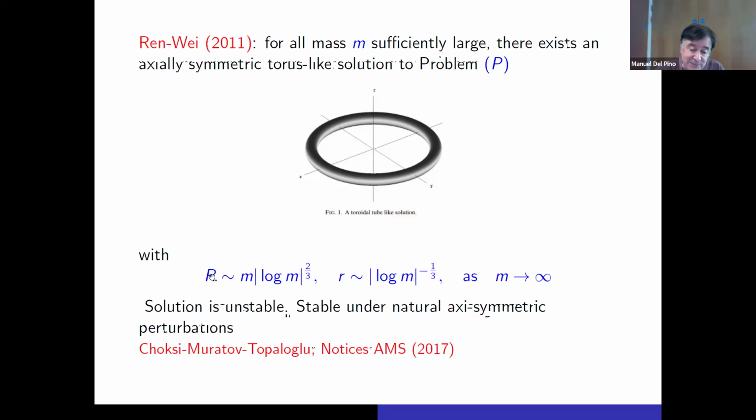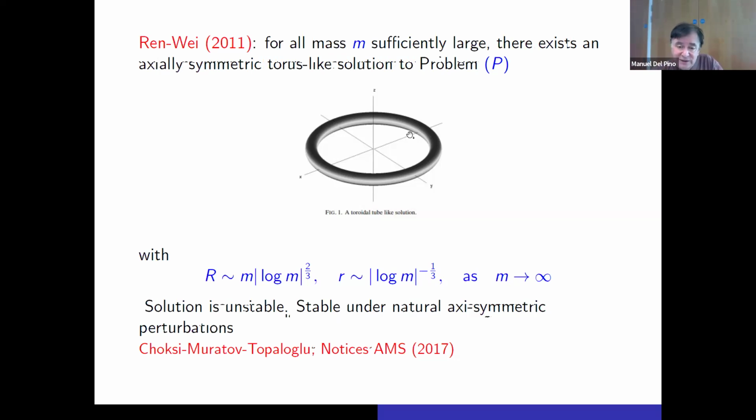And these asymptotics are true with precise constants, of course, when the mass goes to infinity. So for large mass, you can find solutions with somehow unexpected shapes, like the toroidal one.